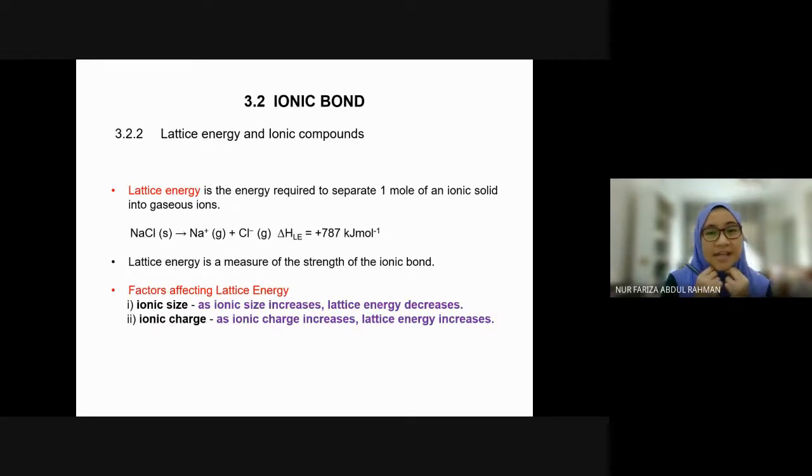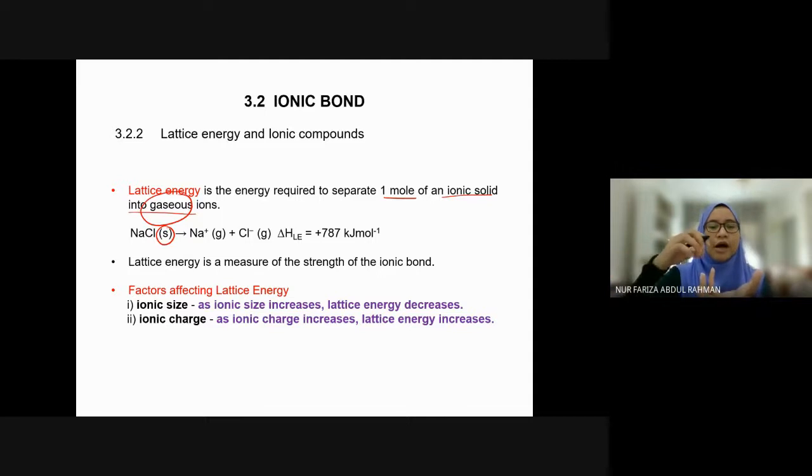Next, lattice energy. So what is lattice energy? Lattice energy is the energy required to separate 1 mole of an ionic solid into gaseous ions. Again, you have to specify the state. It should start from solid. The compound itself needs to be in solid form.